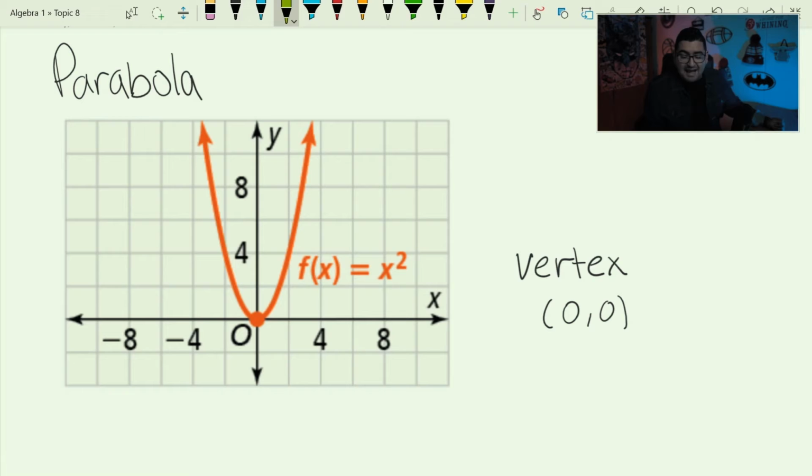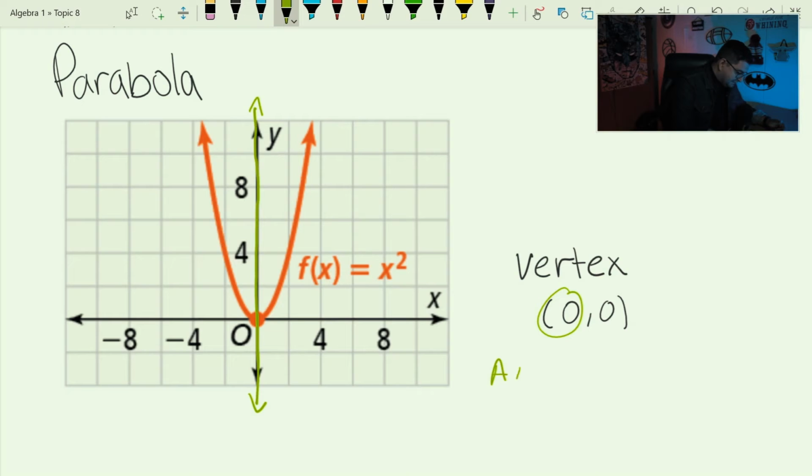So the axis of symmetry is the line that you can draw through the middle of the parabola that makes both sides symmetrical. So if I draw a line going straight through the middle here, and we use our vertex sometimes to help us find where this line is, it's always the x value.